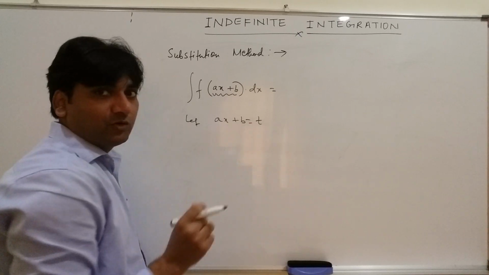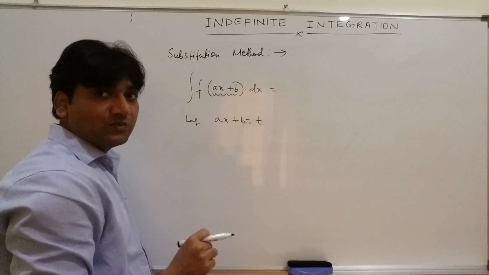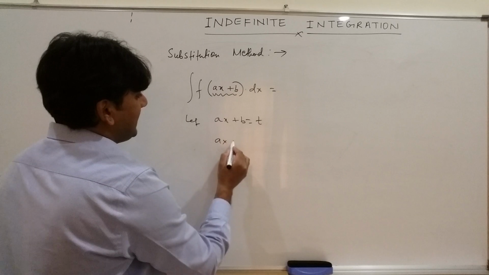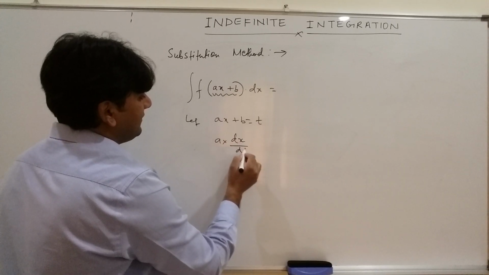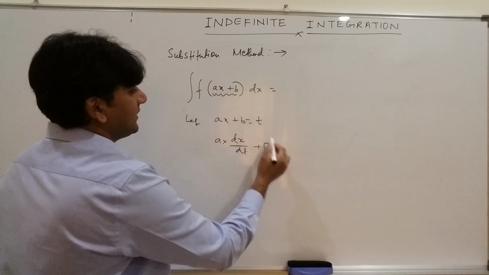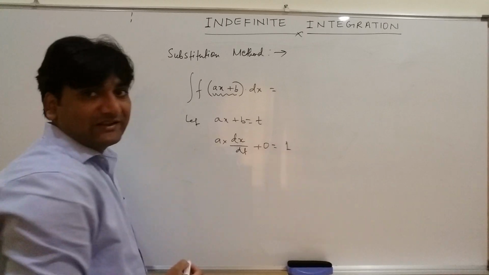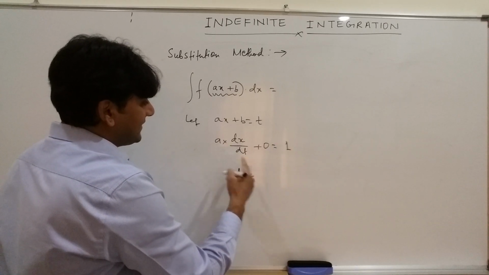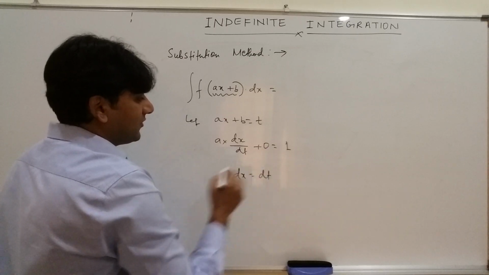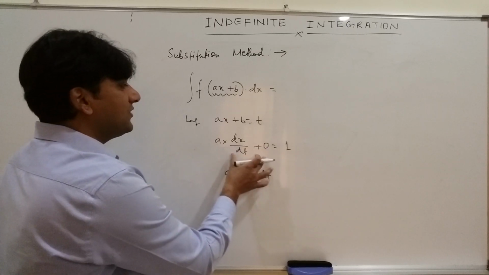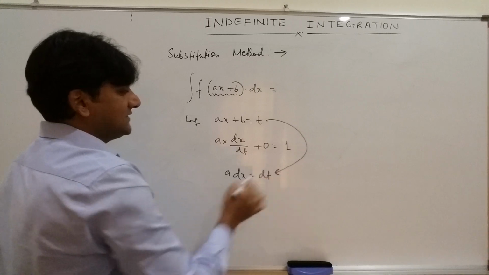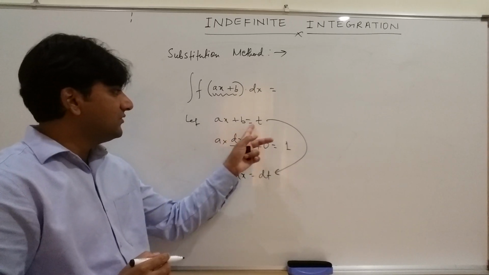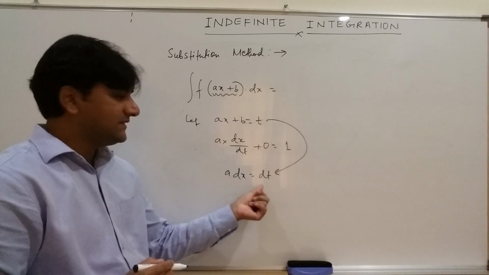Now we will differentiate both sides. So the derivative of ax is a times dx, b is 0, and t gives dt. So a dx equals dt.